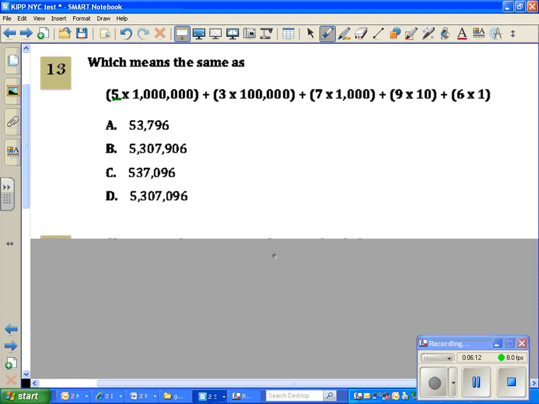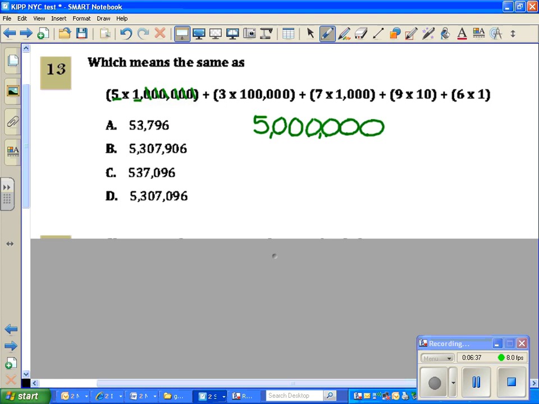So 5 times 1 is 5. And then I have 1, 2, 3, 4, 5, 6 zeros. So I'm going to put 6 zeros. So I already have ones, tens, hundreds, hook it, ones, tens, hundreds, hook it, one, stop. I already see that I have at least 5 million.